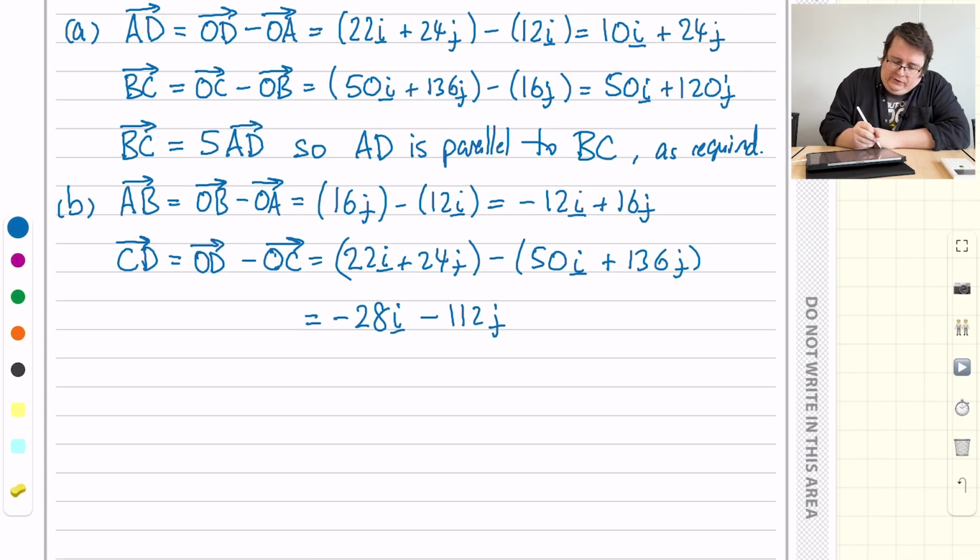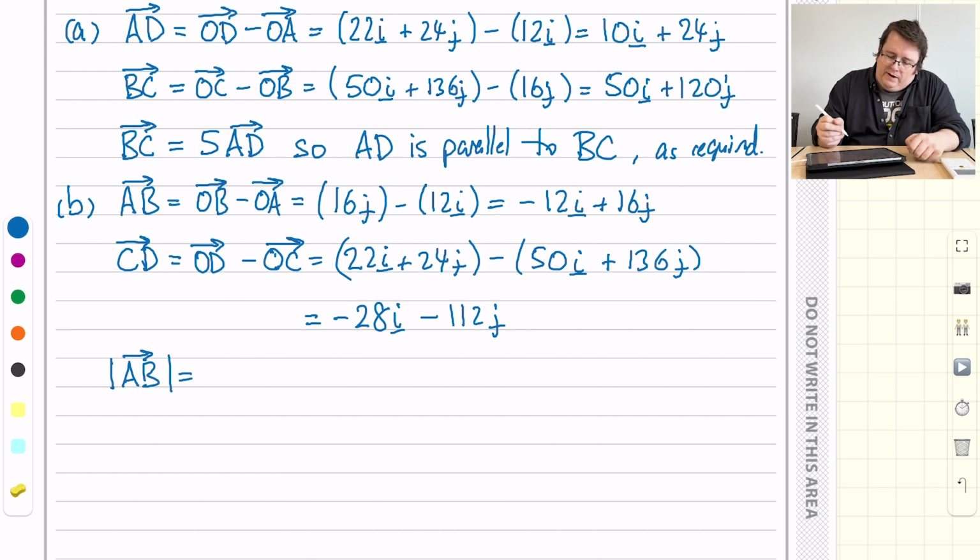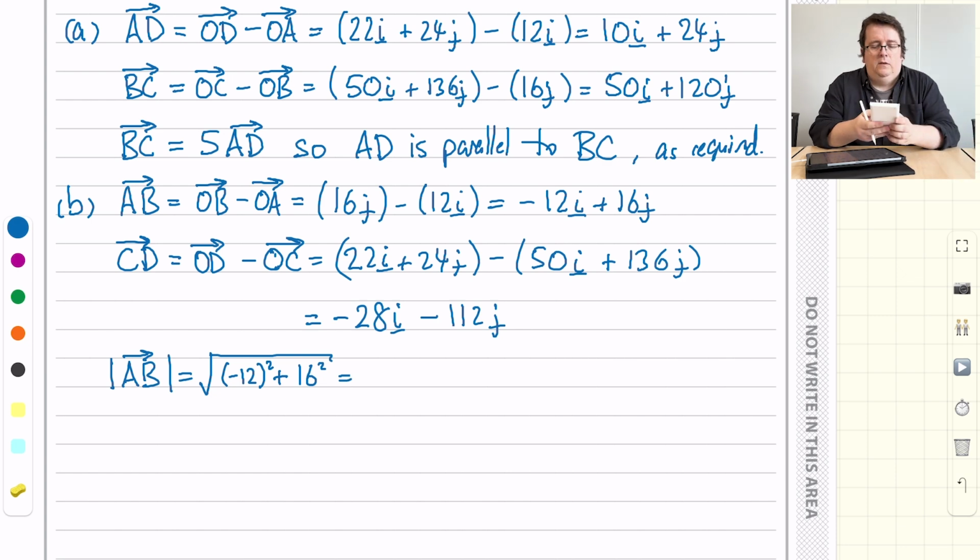So the length of AB, using Pythagoras, will be the square root of minus 12 squared plus 16 squared. 12 squared plus 16 squared is 400, and the square root of that is 20.